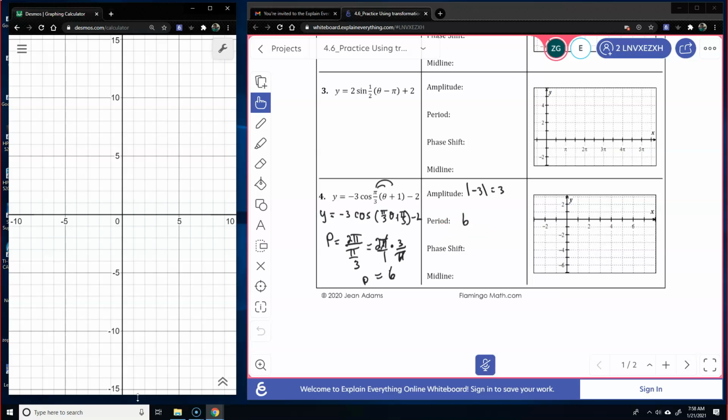The phase shift will be pi over 3 to the left, so it's going to be negative pi over 3. The midline is -2.